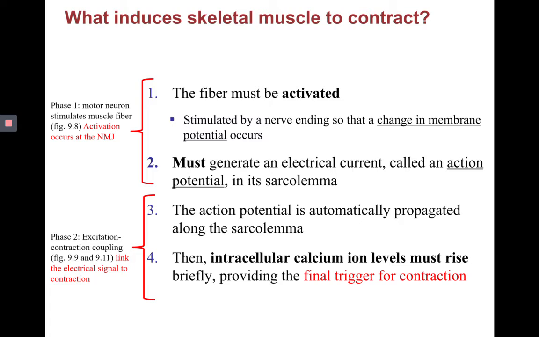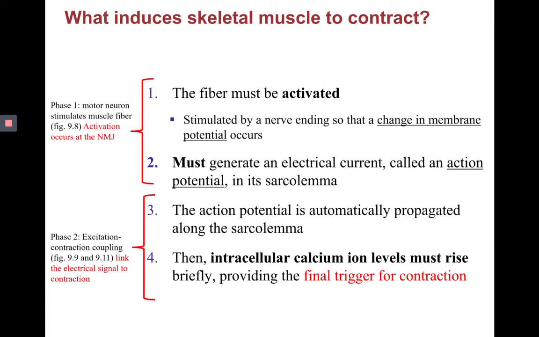The action potential then is going to travel throughout the sarcolemma to a T-tubule. Via the T-tubules, which are connected to the sarcolemma, that electrical action potential is able to travel into the cell, and that will cause the sarcoplasmic reticulum to release calcium into the sarcoplasm. This will cause a rise in intracellular calcium levels. And remember, calcium is the final go signal for contraction.